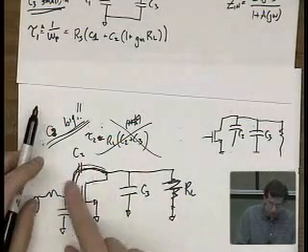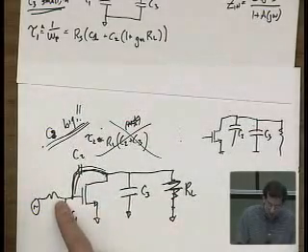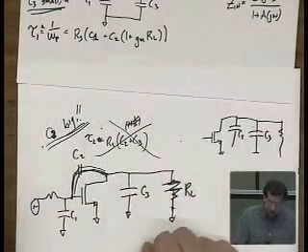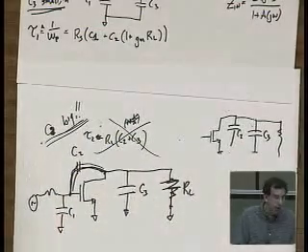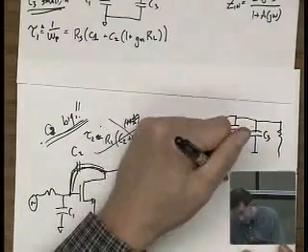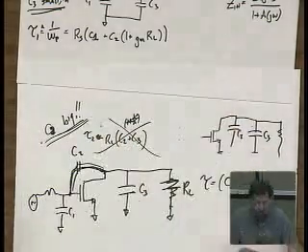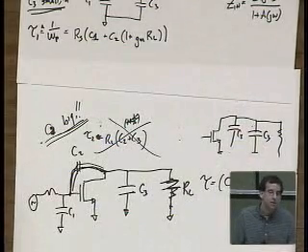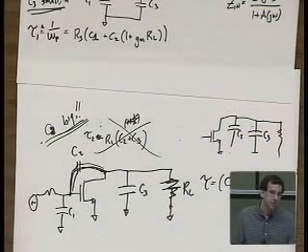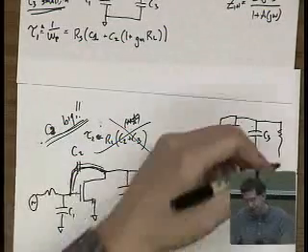So this looks kind of like a short. Then the question is, what capacitances do you see? You see C1 and C3, so in calculating your tau, you're going to have some R times C1 plus C3. What does the resistance look like now? It's 1 over gm. This is now a diode-connected transistor.